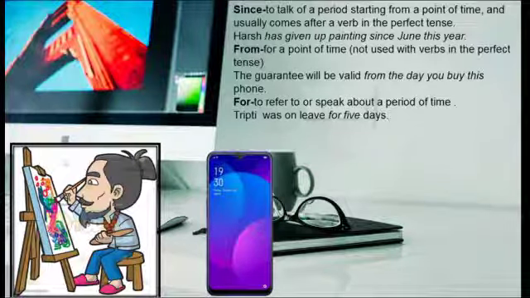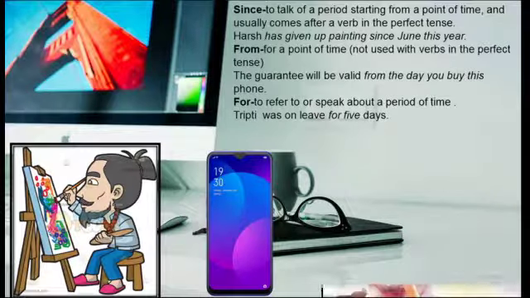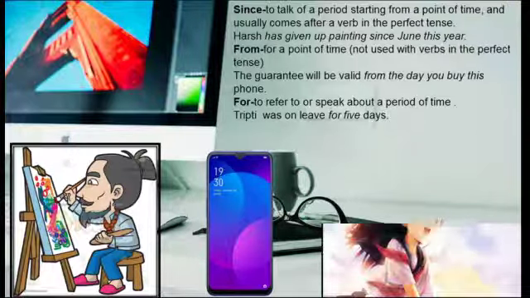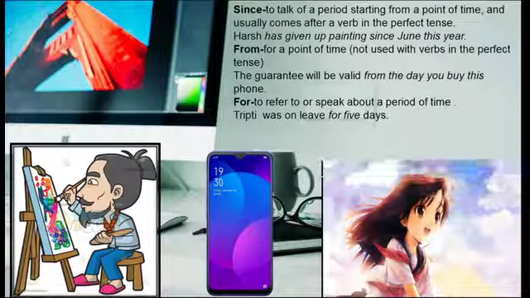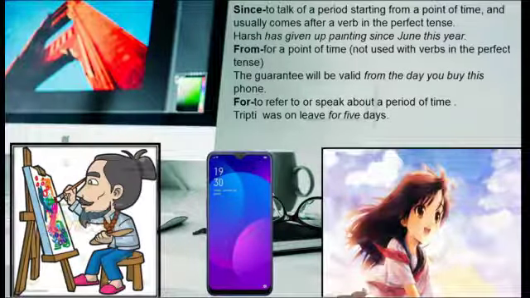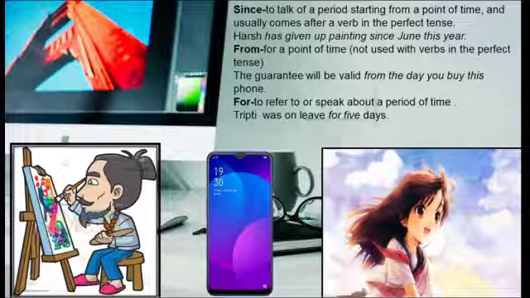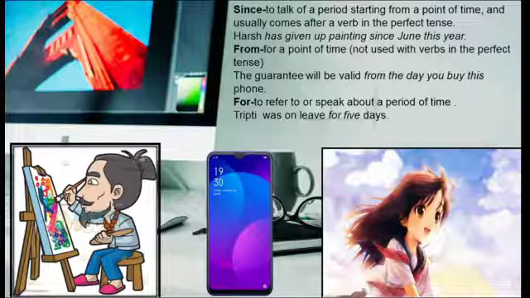So it is starting from a fixed point. And for we will always use for time duration, like Tripti was away only for 5 days. So 5 days shows time duration. Since is for a point of time and from is for a starting point or starting time.